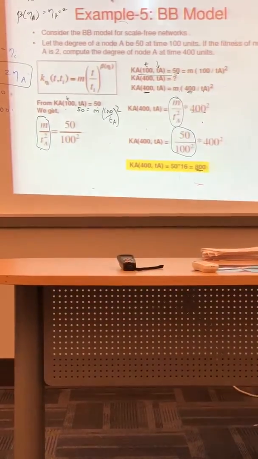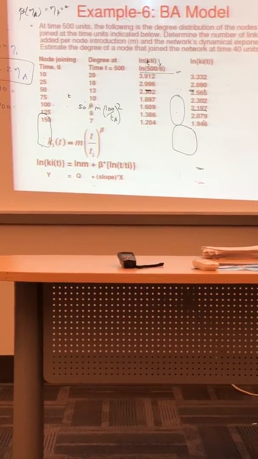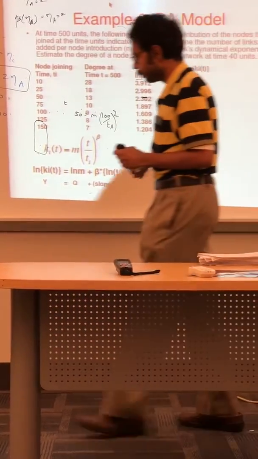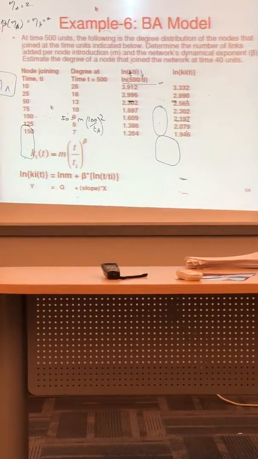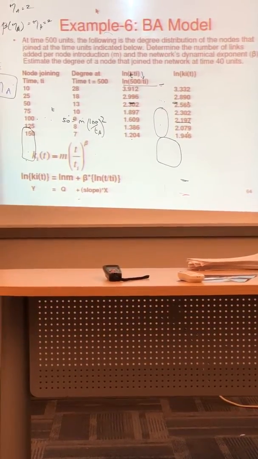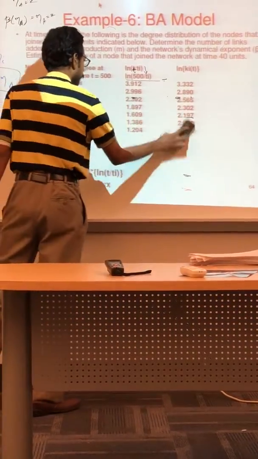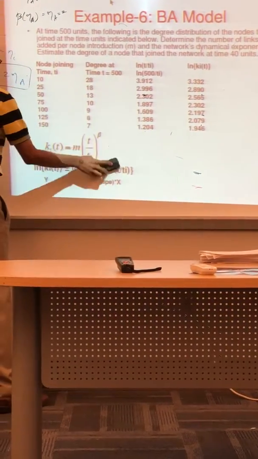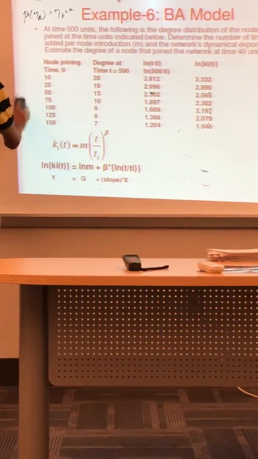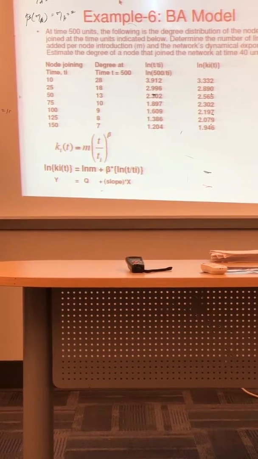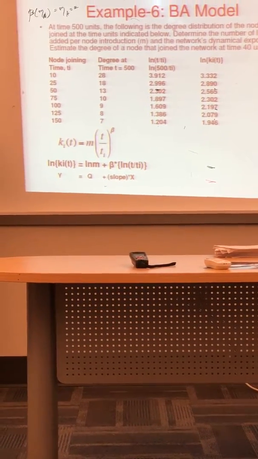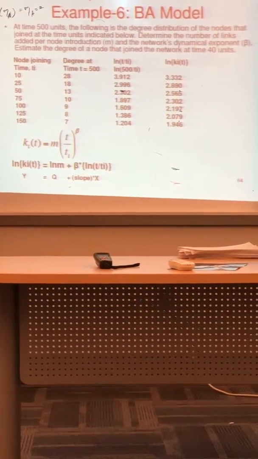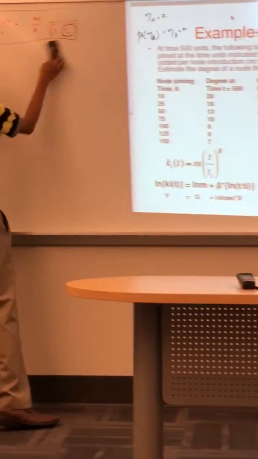Okay, so let us do some curve fitting or line fitting. At time 500 units, you're given the degree distribution of the nodes that join the network according to the BA model.